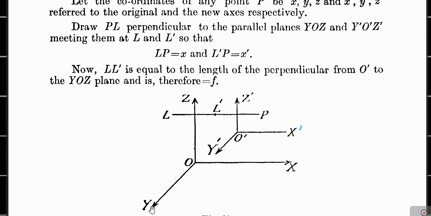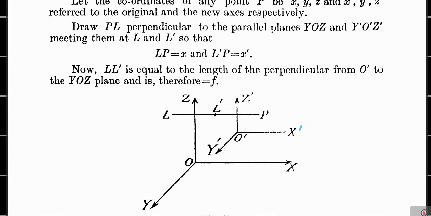You may observe that the plane YOZ is parallel to the Y'O'Z' plane, and we have drawn a perpendicular from point P on the YOZ plane as well as on the Y'O'Z' plane in such a way that it intersects the YOZ plane at point L and the Y'O'Z' plane at point L'.